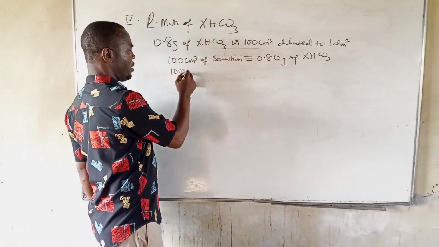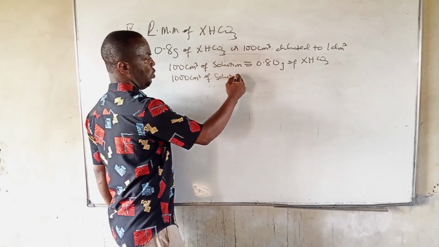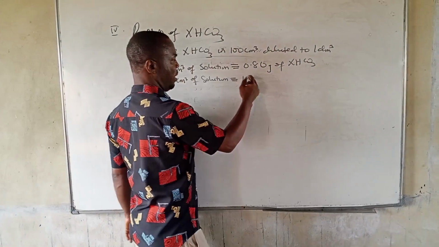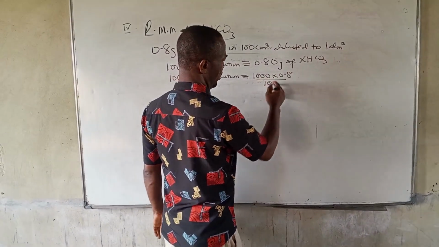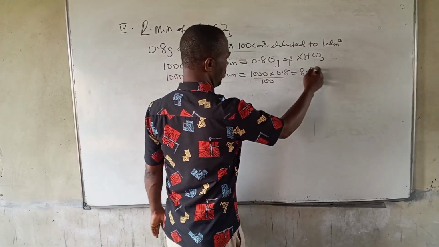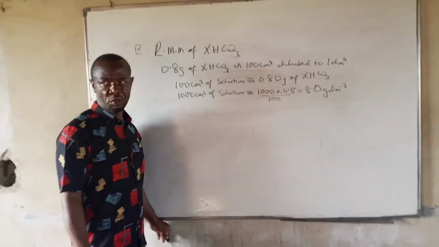Therefore, 1000 cm³ of solution, which is 1 dm³, will now contain 1000 times 0.8 over 100. When you solve this, you get 8.0 gram per dm³. That's the mass concentration.